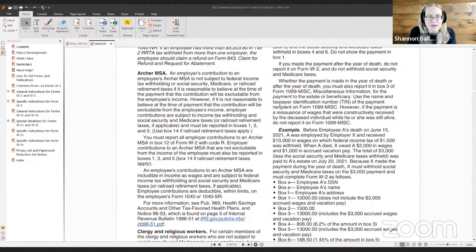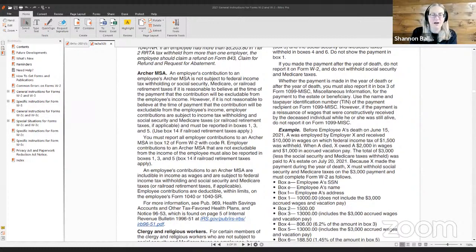You must report all employer contributions to an Archer MSA in box 12 of Form W2 with the code R. Employer contributions to an Archer MSA that are not excludable from the income of the employee must also be reported in boxes 1, 3, and 5, and box 14 if railroad retirement taxes apply. An employee's contributions to an Archer MSA are includable in income as wages and are subject to federal income tax withholding and Social Security and Medicare taxes, or railroad retirement taxes if applicable.